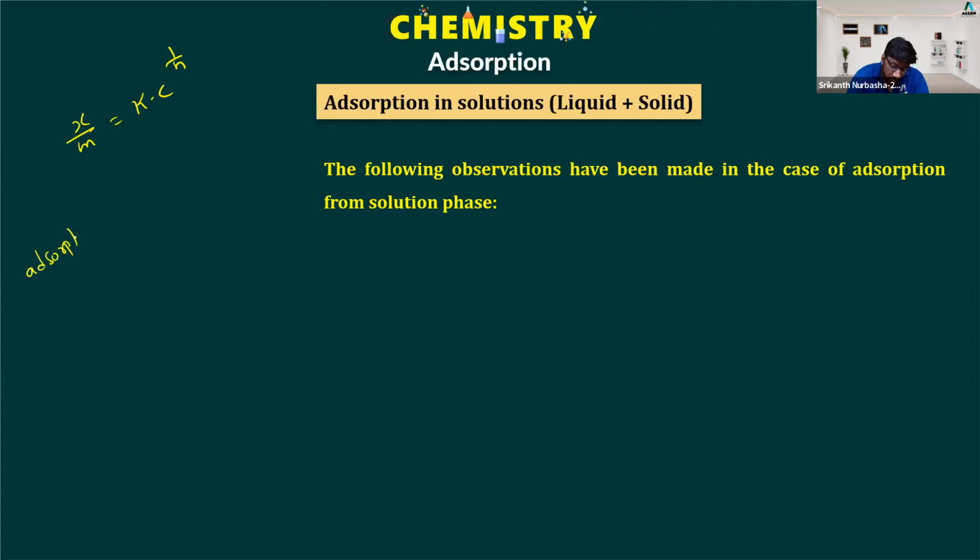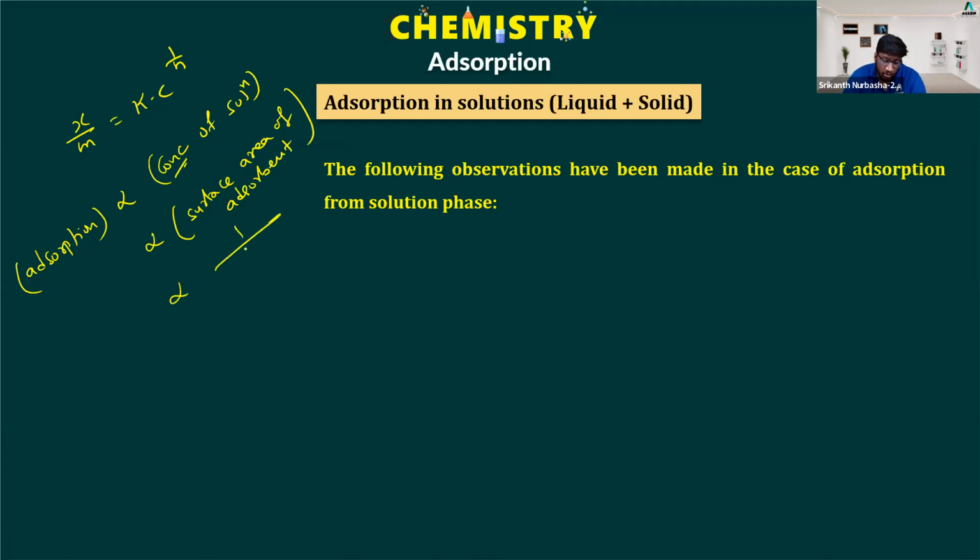Adsorption is directly proportional to the concentration of the solution, first and basic thing you can understand. It is directly proportional to the surface area of the adsorbent, and inversely proportional to temperature.